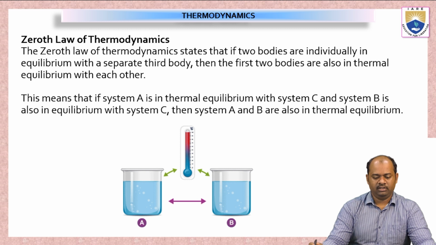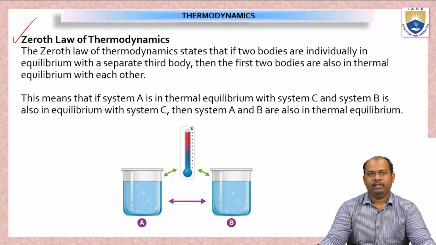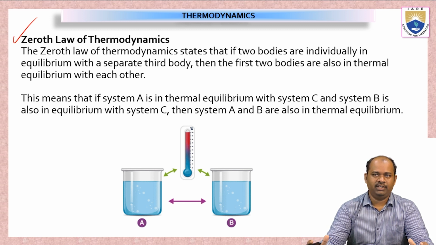The first one is the zeroth law of thermodynamics. The zeroth law states that if two bodies are individually in equilibrium with a separate third body, then the first two bodies are also in thermal equilibrium with each other. In the given picture, the zeroth law is very simple to understand. Suppose I have three objects.